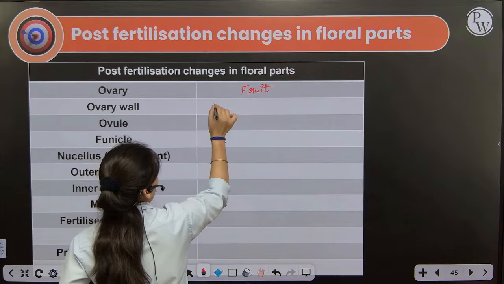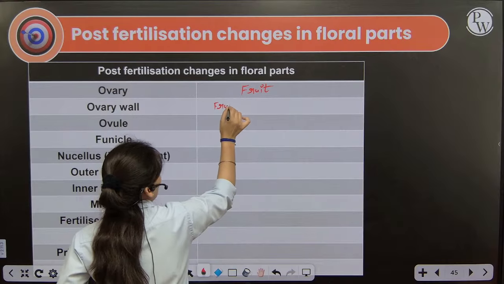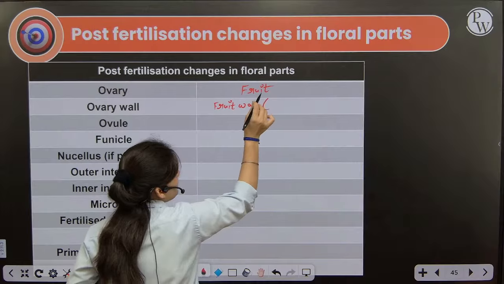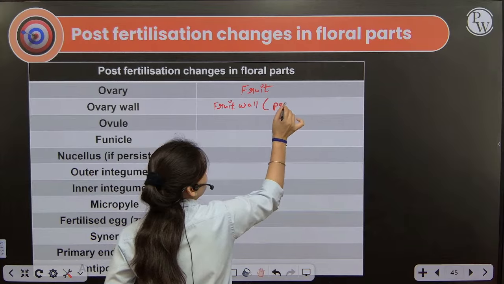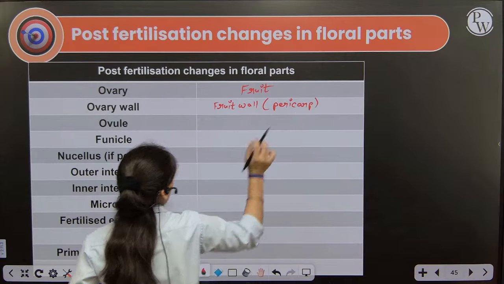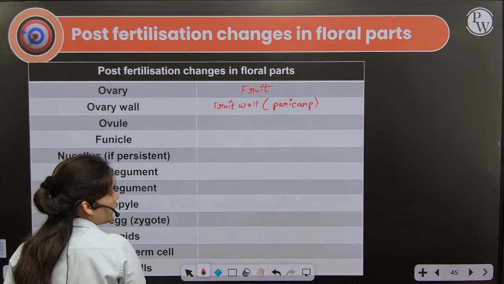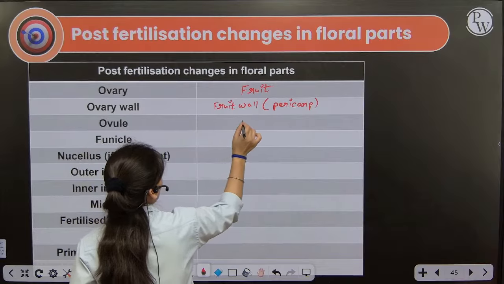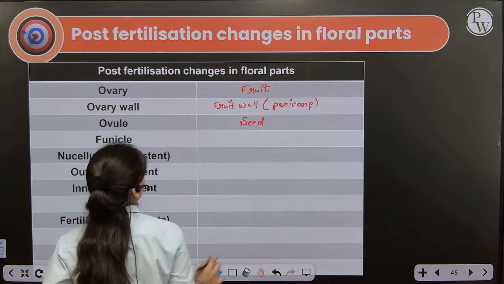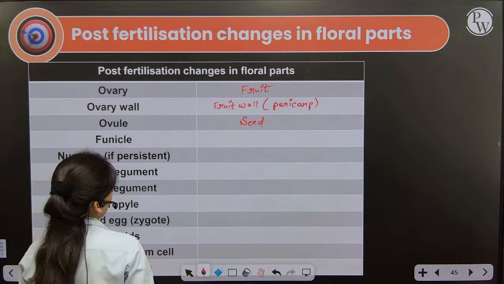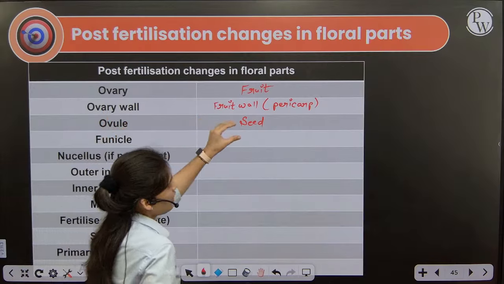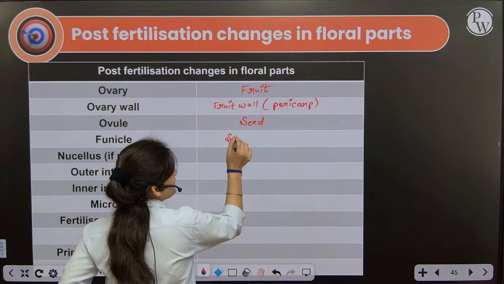The ovary wall now becomes the wall of the fruit, and the fruit wall is the pericarp. Next, what about the ovule? The ovule forms the seed. The funicle, initially the stalk of the ovule, will now become the stalk of the seed.